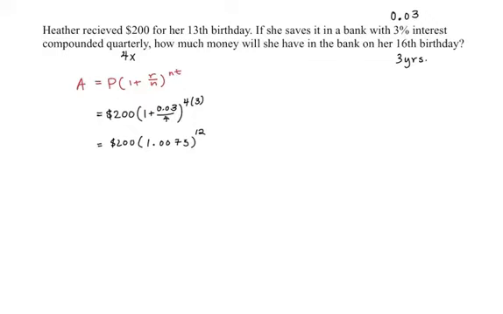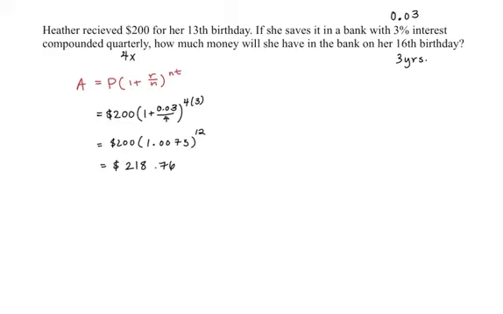So then I'm going to put 1.0075 to the 12th power, figure out that number, and multiply times 200. And my final answer is that on her 16th birthday, she will have $218.76.